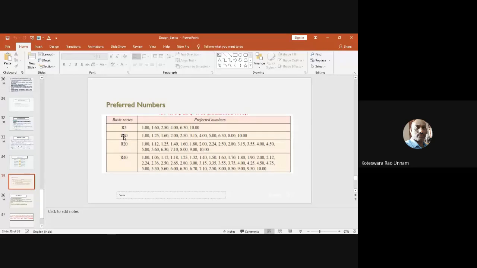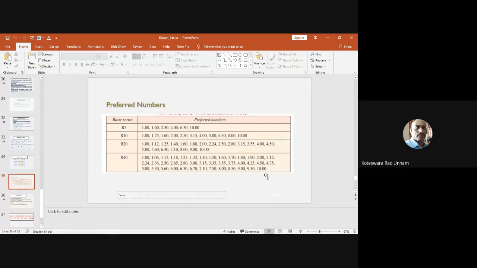So all basic series consist of a maximum number of 10 and a lowest number of 1. In between, for R5 you have 5 numbers, R10 you have 10 numbers, R20 you have 20 numbers, R40 you have 40 numbers. So likewise you can construct the basic series. These are the basic series.